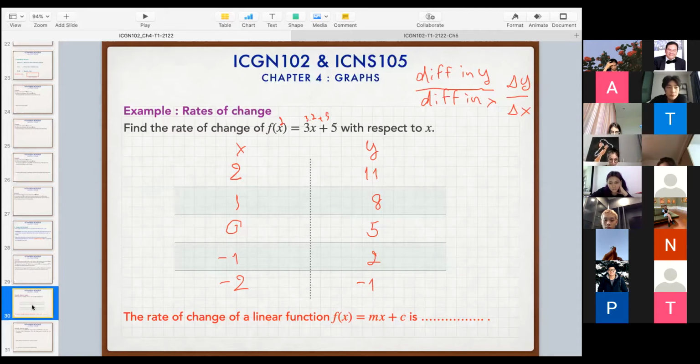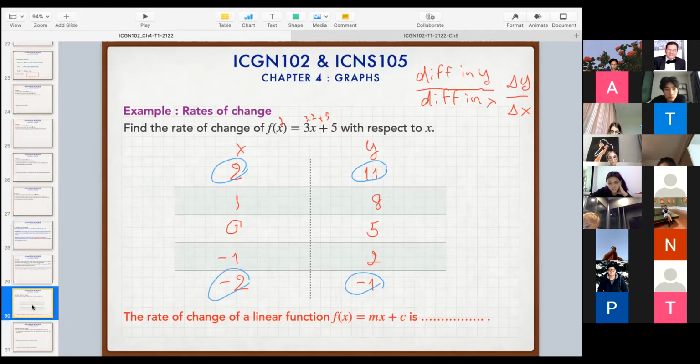Suppose I pick two values, for example if I consider the change from 11 down to -1 while x is changed from 2 to negative 2.